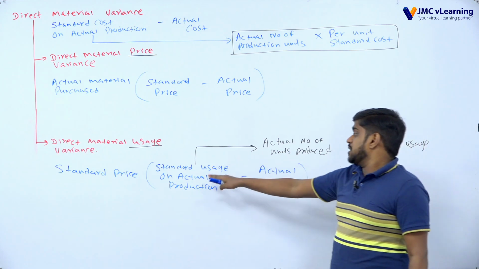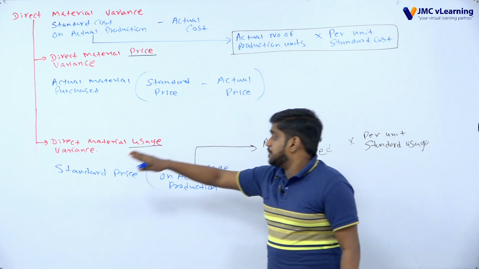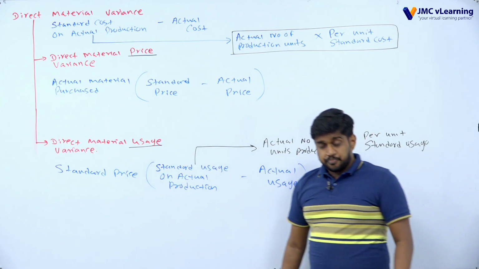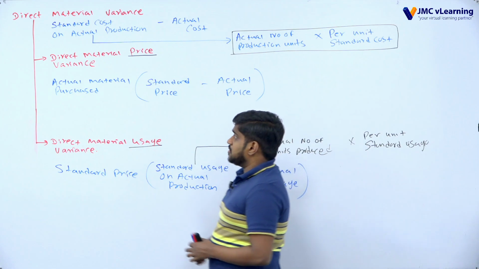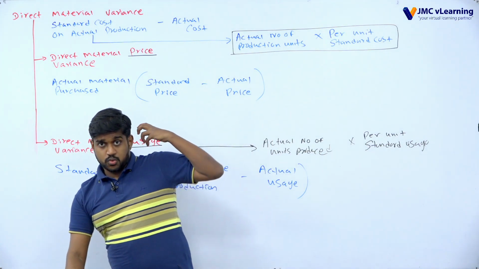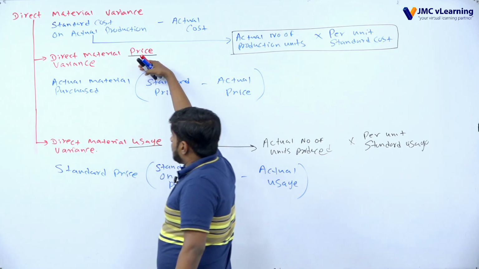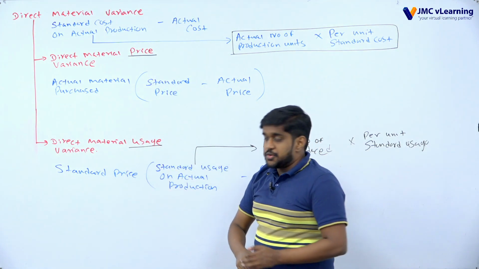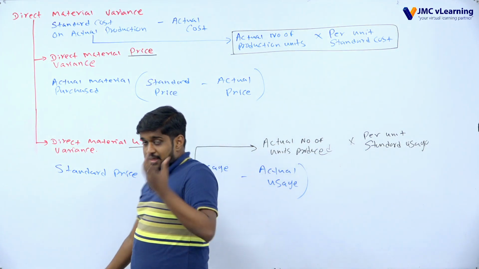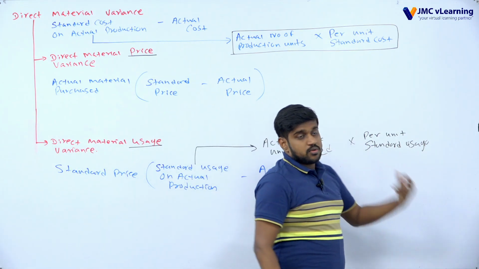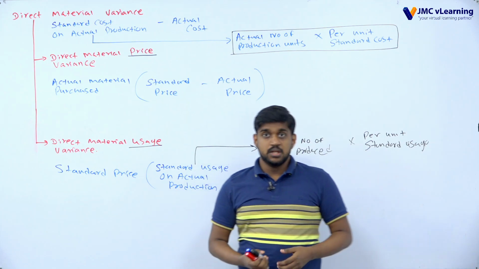Then we multiply the difference by the standard rate, and we get the direct material usage variance. Okay, these are the formulas to calculate direct material total variance, price variance and usage variance.